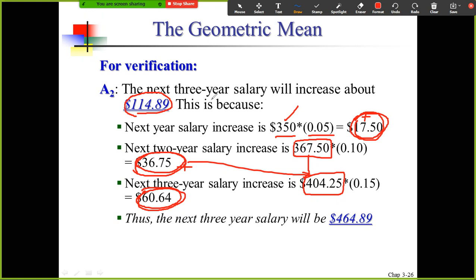Okay, so you can see that in terms of the average or in terms of the actual percentage growth rate, we have the same salary in the next 3 years. Okay, this is for checking or verification. So the average growth rate by using the geometric mean and the actual growth rate from the information given give the same amount, the same result.